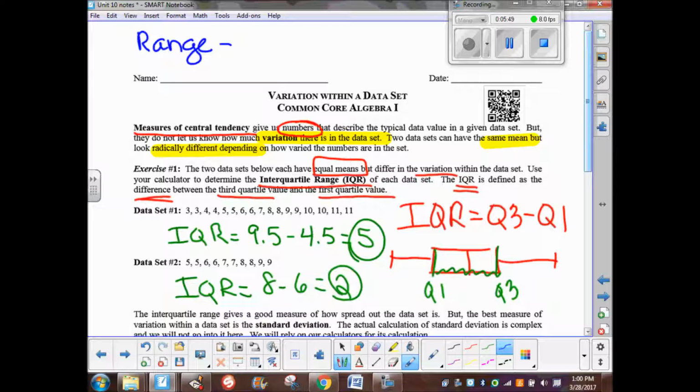I call that the bronze level to determine variation. That's my own type, bronze. So the IQR, what do you think I consider the IQR to be? Silver. It's a little bit better in determining variation.